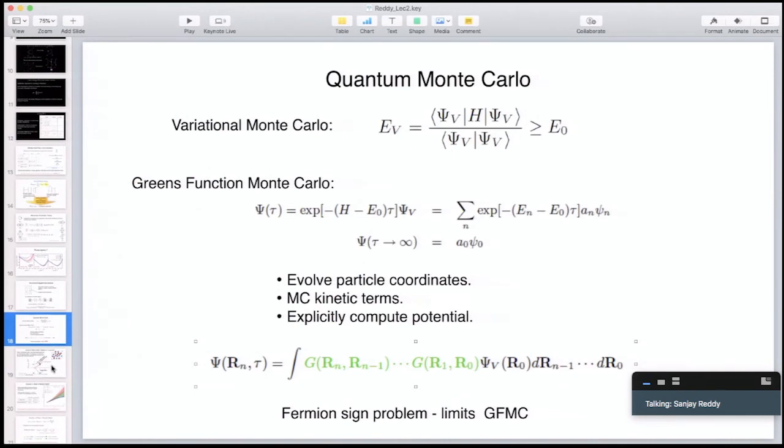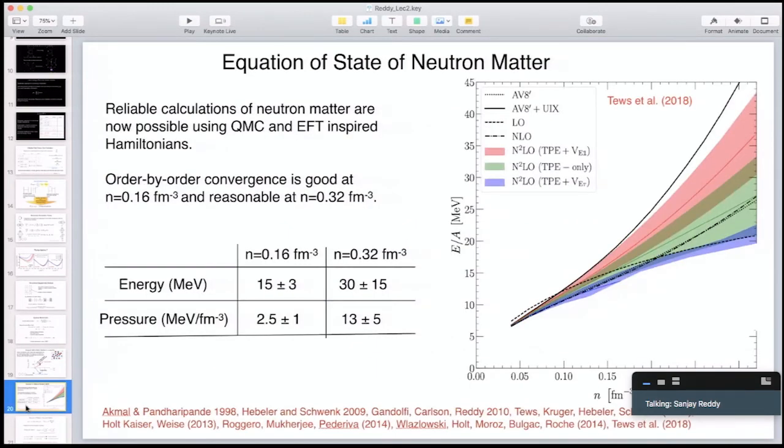There is a lot of literature on trying to get the energy of a gas of few particles using these Monte Carlo methods. What's useful is that people have used these Hamiltonians, done many-body perturbation theory calculations, Brueckner theory calculations, and also quantum Monte Carlo calculations, and all of these together have started providing us a good sense of the energy of a gas of neutrons.